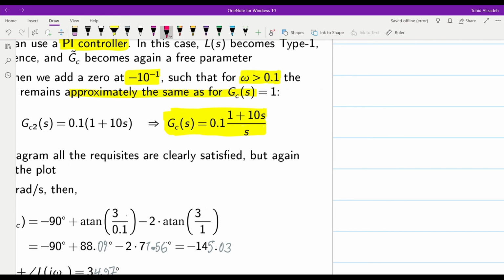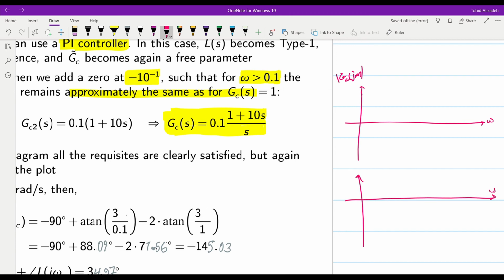If I draw the Bode plot for the controller itself only, after omega equal to 1, we will have 0 dB, and before that we will have minus 20 dB per decade.